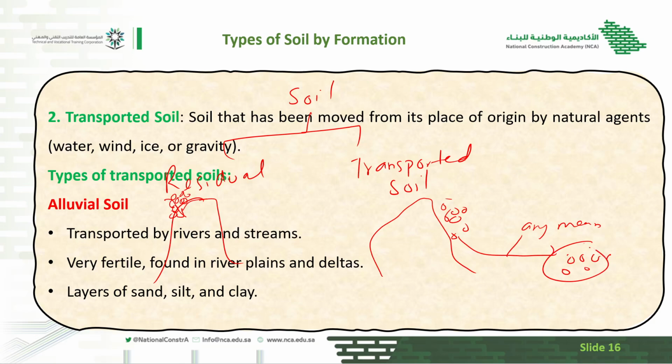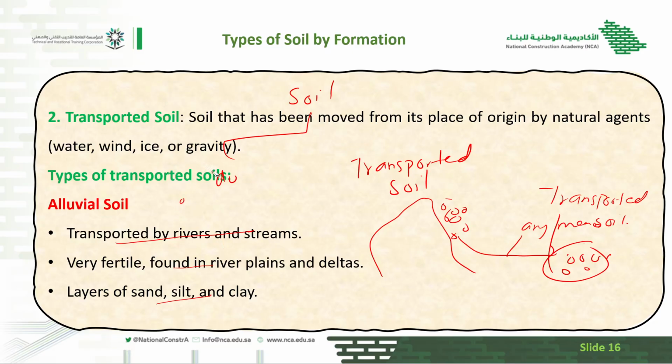This type of soil is called transported soil, as it is very clear from its name. It is transported by river or stream, very fertile, with layers of sand, silt, and clay. The soil has been moved from one place to another by an agent.